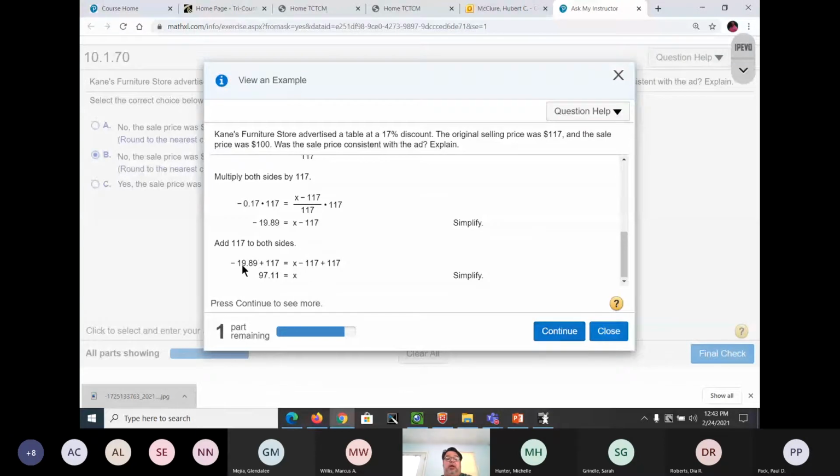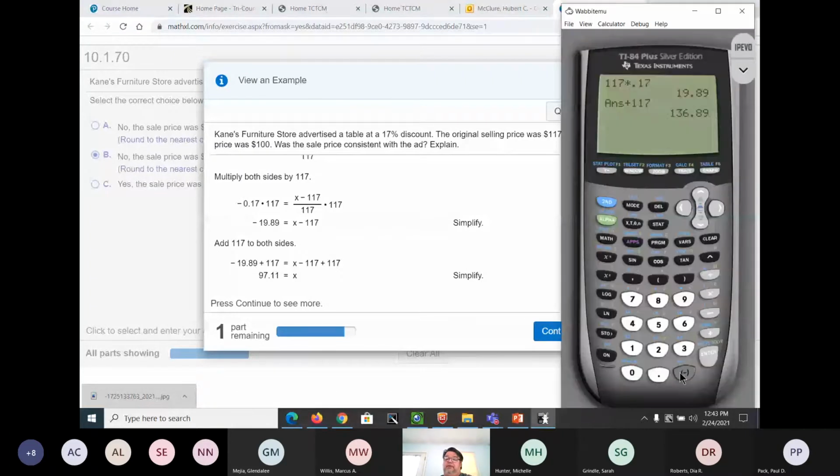Oh, I got to do negative 19.89. My bad. I didn't type the negative in the calculator. Negative 19.89 plus 117 is 97.11.